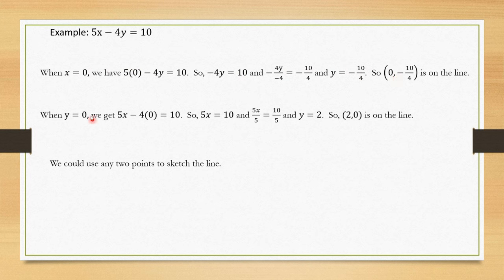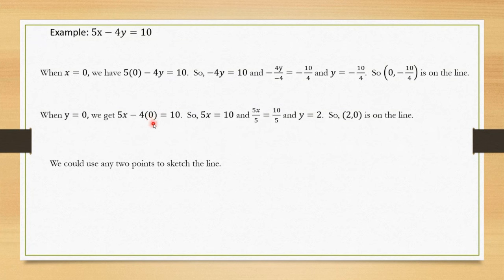We need another point. I'm going to take y to be 0. Again, you could take x to be something else, or you could take y to be any number. I'm just choosing y to be 0 because I think it makes the equation you have to deal with a little bit easier. Because essentially, by setting y to be 0, this part here, 4 times 0, that's going to be gone.